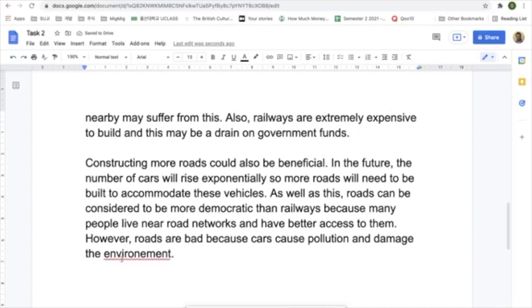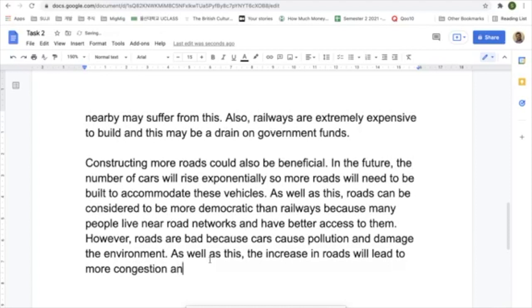As well as this, the increase in roads will lead to more congestion and traffic problems in towns and cities.